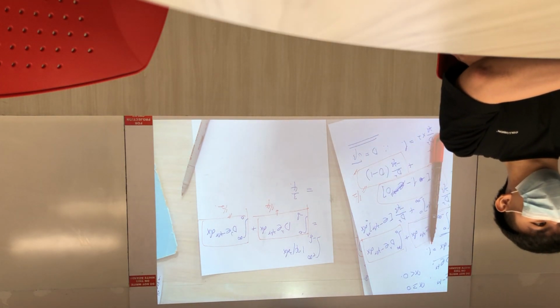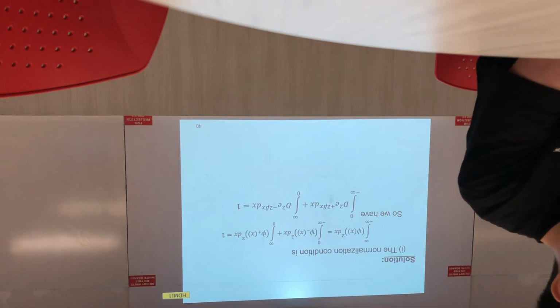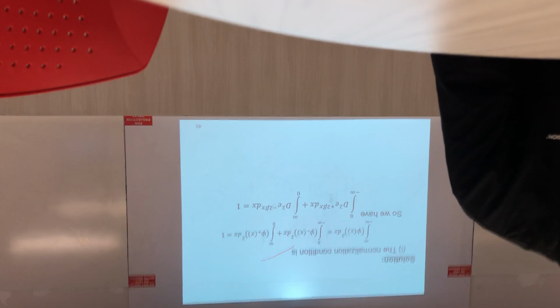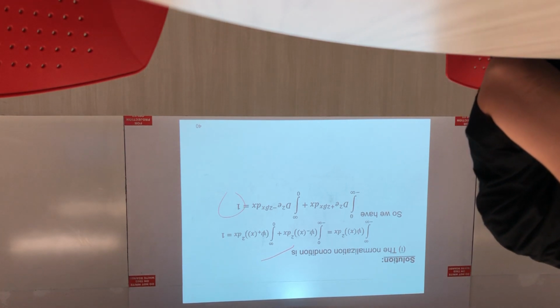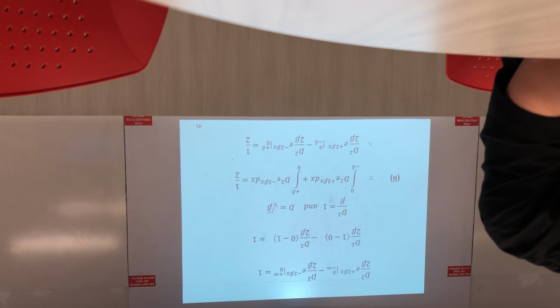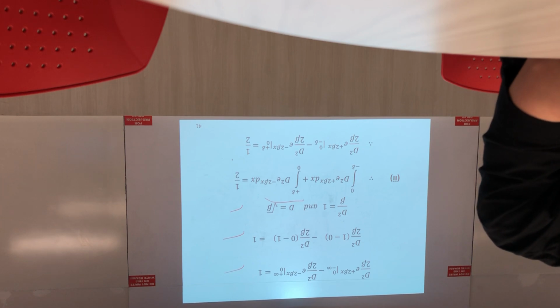So I will show you the working. So we first use this normalization condition, yeah? And with normalization, this becomes 1, and then we just do the calculation, and then finally we have this. And then we move on to this second question.